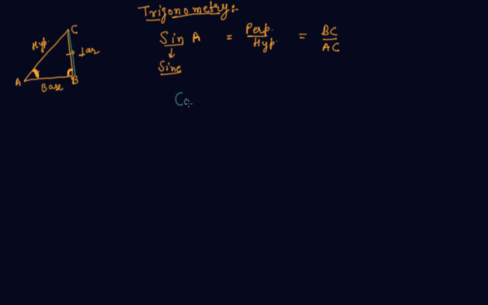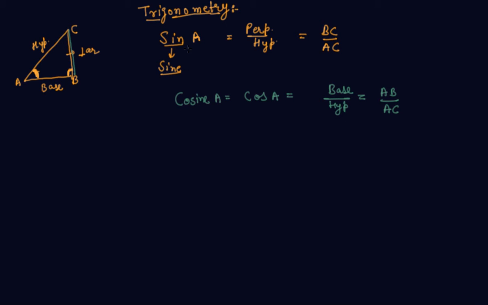Let me write cosine of A. Cosine of A, in short, is also written as cos A. Okay, so it is base upon hypotenuse. So base is AB upon AC. I hope you guys are clear now.